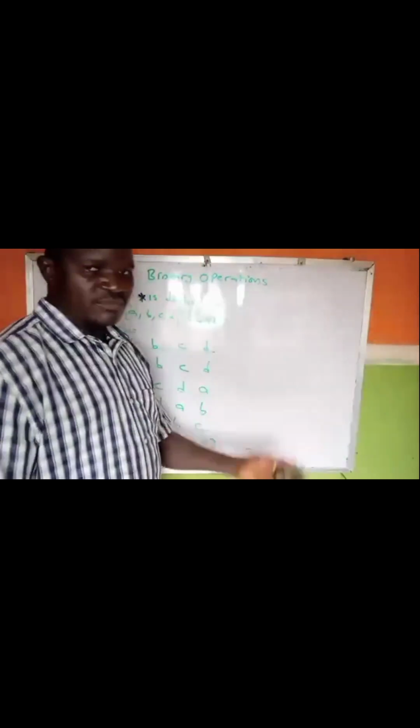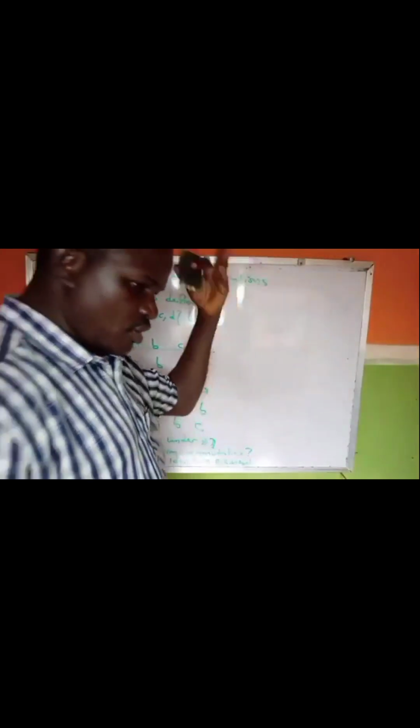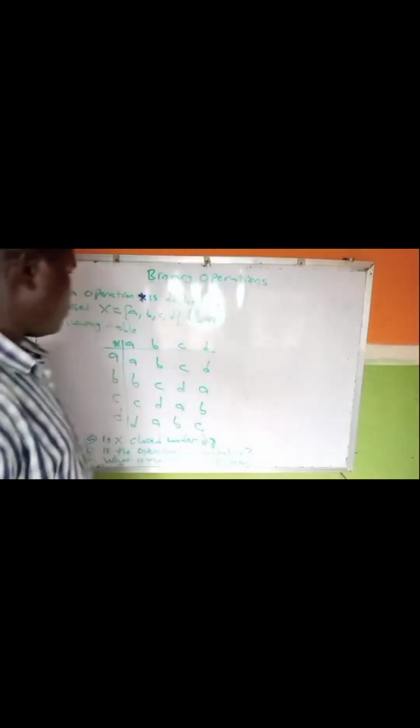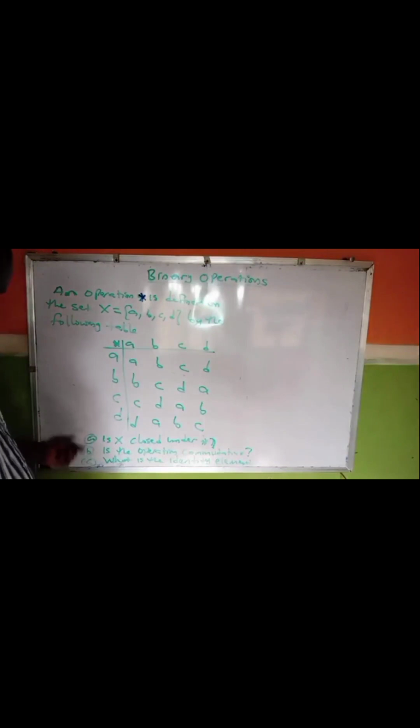They can give you numbers modulus 2, modulus 5, 6, 4 and the like, and you use binary operation to resolve it. But here you are given alphabets A to D and A to D. Then here they present you this table.